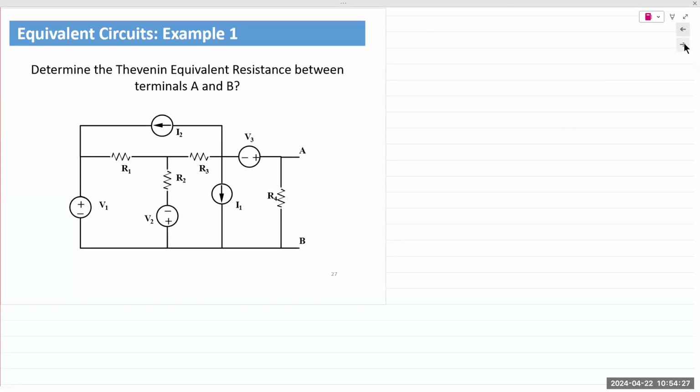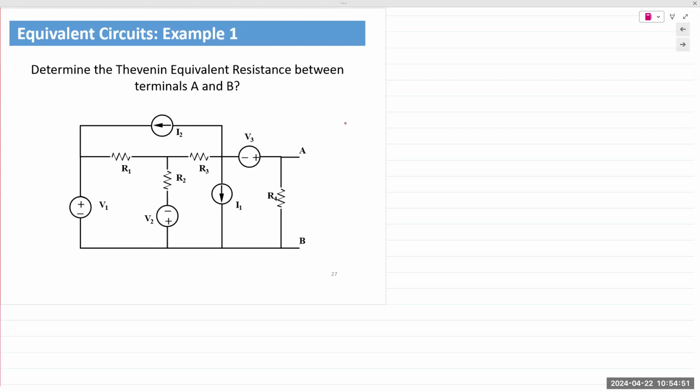It says determine Thevenin equivalent resistance between terminals A and B. The terminals are clearly stated. We do not have to do any modification to the circuit output terminals. A and B are right here. You simply think of it as connecting a multimeter at those terminals and trying to measure the total Req.